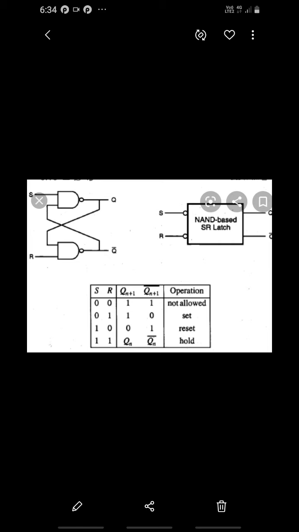Next, explain about the RS latch by using the NAND gate. So draw the circuit diagram of the NAND latch.